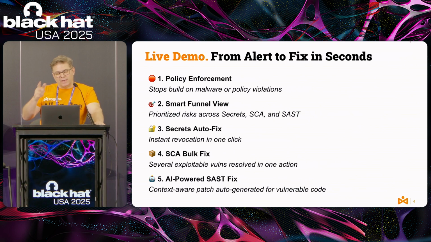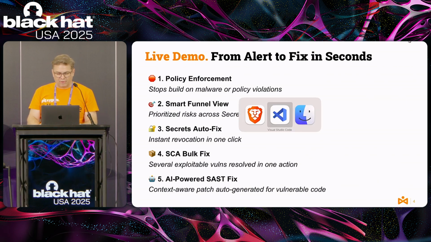Then let's find the important things to solve regarding secrets, SCA, and SAST based on these smart funnels. And then let's do some fixes regarding secrets. We are going to create or revoke these secrets automatically, and then let's review and correct some vulnerabilities in the software composition analysis and the code flow.